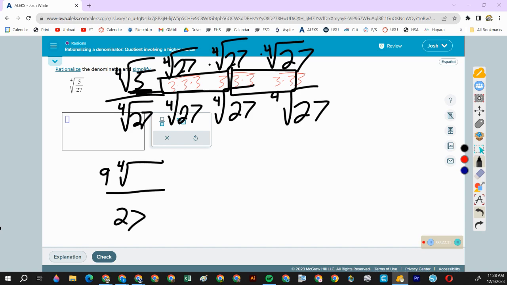A 5 and a 3, so 15. And remember, those cannot be simplified, but this can. And they share a 9. So I get the fourth root of 15 over 3. And that cannot simplify. That's it.